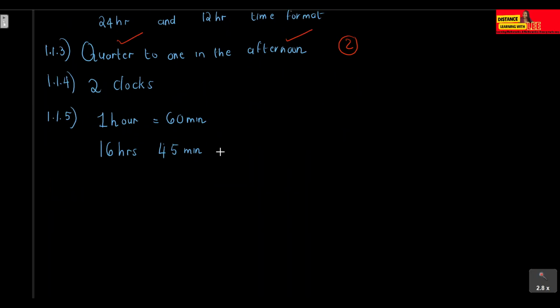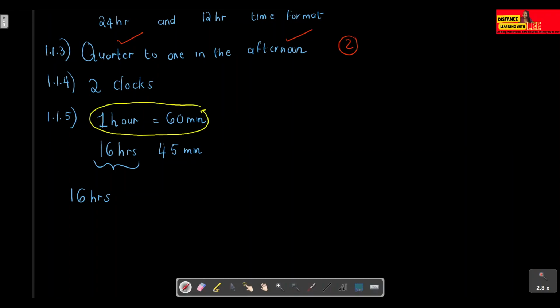And I did explain that in this case we just want to convert the hours, because these 45 minutes are already minutes, so we don't have to worry about that. So we're going to convert these 16 hours into minutes. How do we do that? We're going to take that 16 hours, then use this equation that I've written for you here, that 1 hour is equal to 60 minutes.